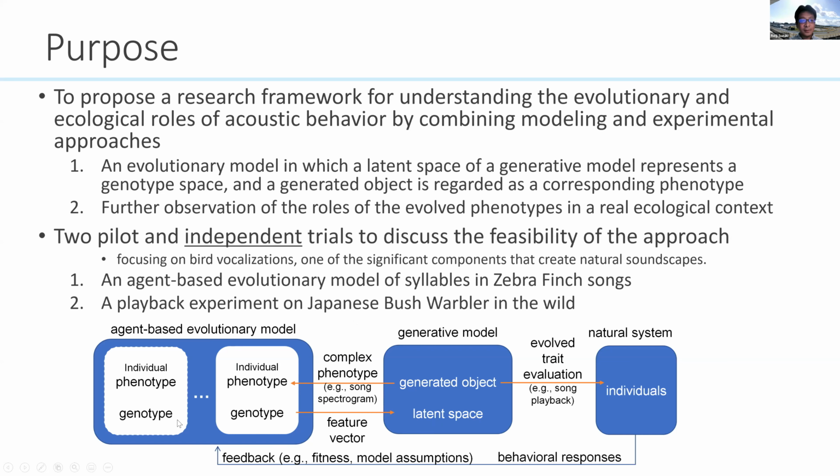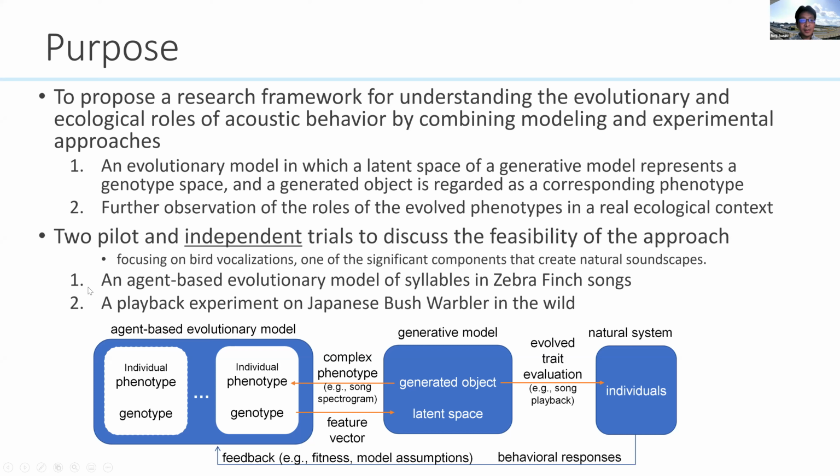And after conducting the evolutionary experiment, as a second part, we can further observe the role of the evolved phenotype in a real ecological context by conducting a field experiment. Today, I would like to introduce pilot and independent trials to discuss the feasibility of this approach, focusing on bird vocalizations.